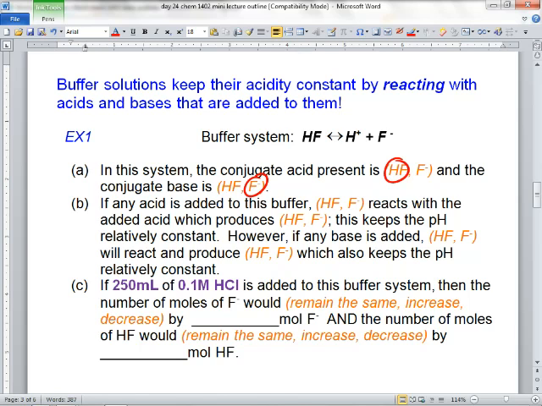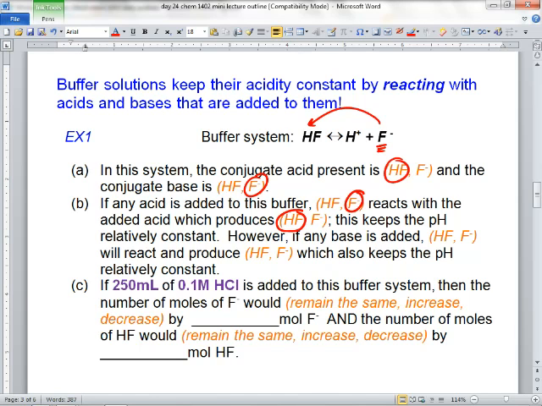The F minus. It has to be the conjugate base, right? The conjugate base has to react. Now if the conjugate base reacts with that acid, it's going to end up producing what? HF. F minus reacts. What does it get converted into? HF. Okay.